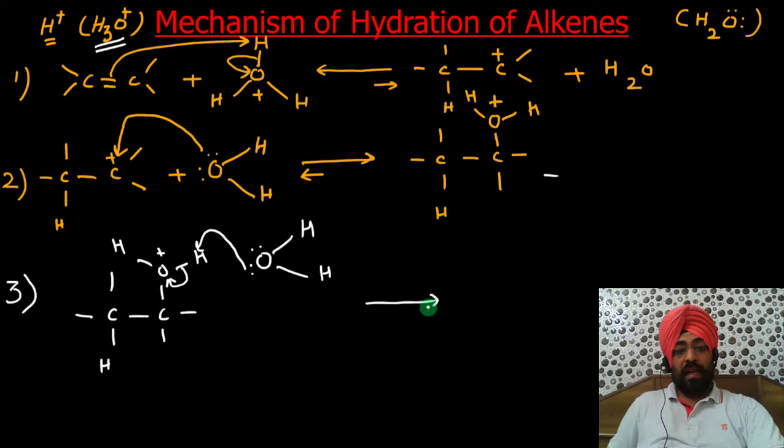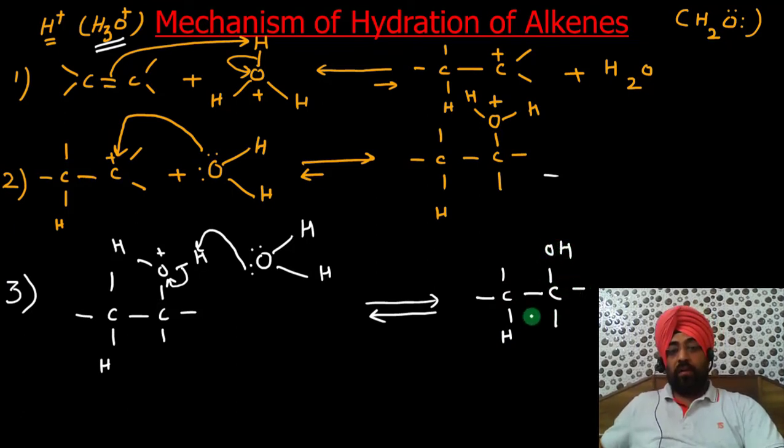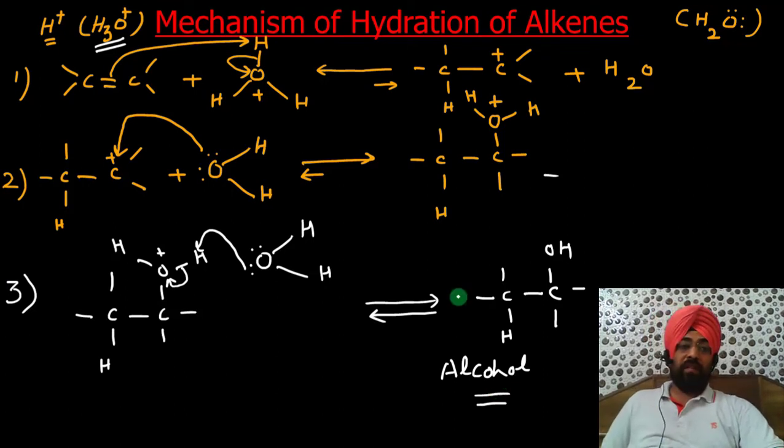So what you will get is that the product will be formed C H C O H alcohol. So the resulting product is alcohol. So that is the overall mechanism of this reaction.